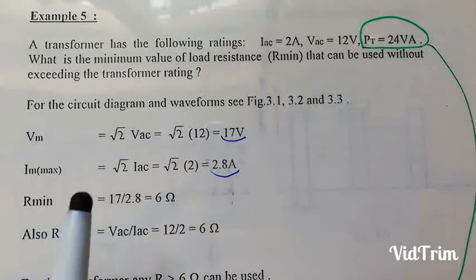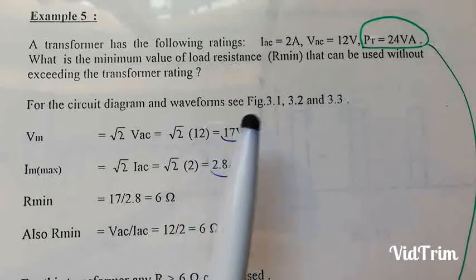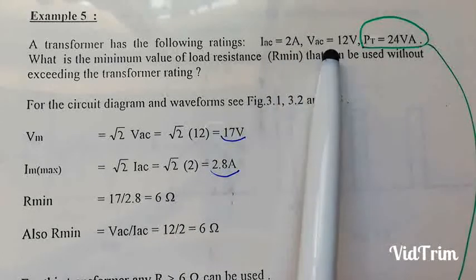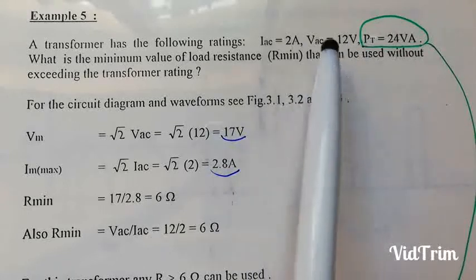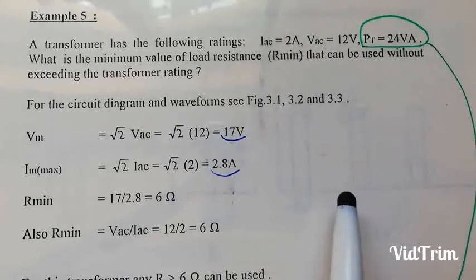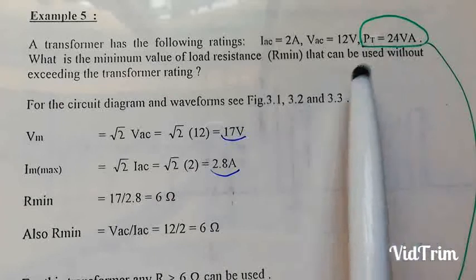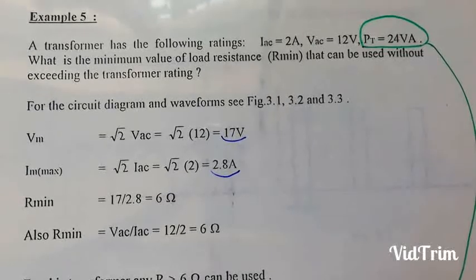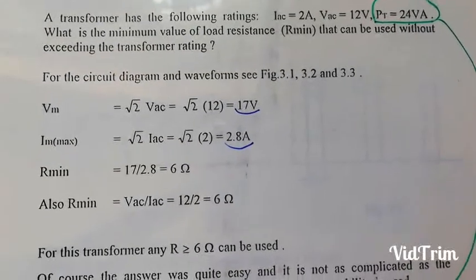That standard transformer has an IAC of 2 amps, a VAC of 12 volts, that's of course an RMS, okay, and therefore the total power for the transformer is 24 volt amperes, and we're going to use it in the circuit and see how much we get out of it.